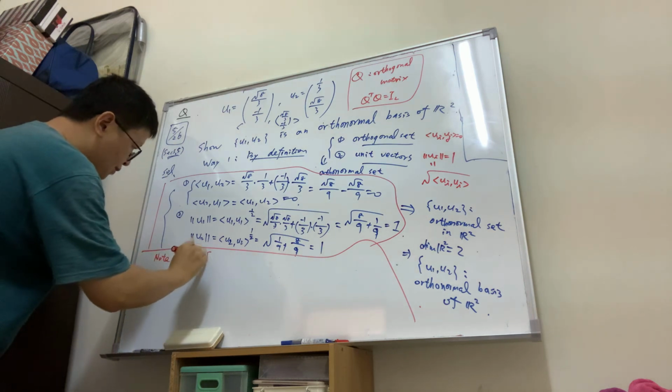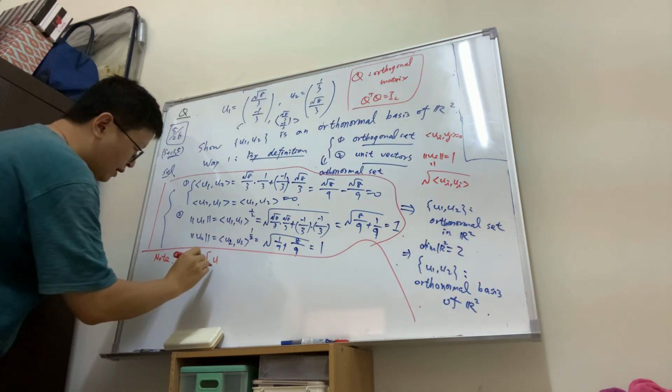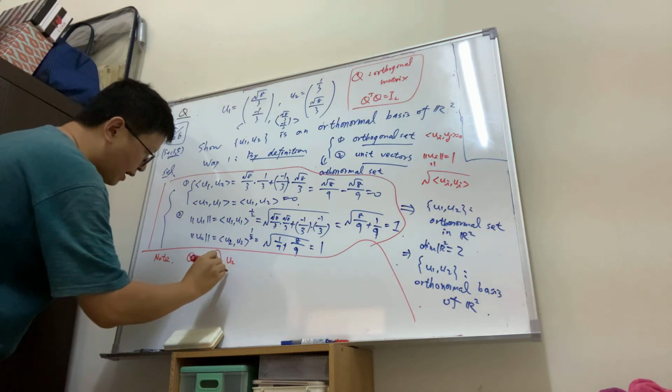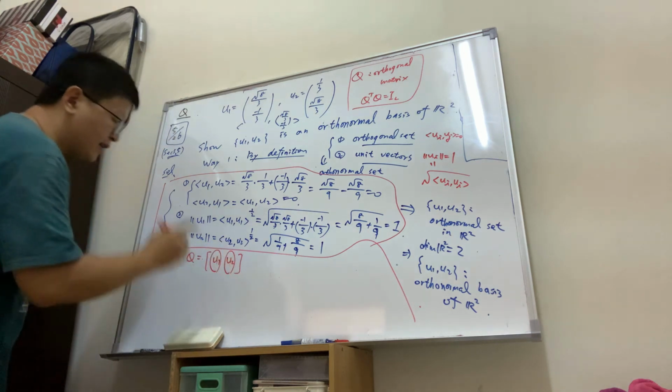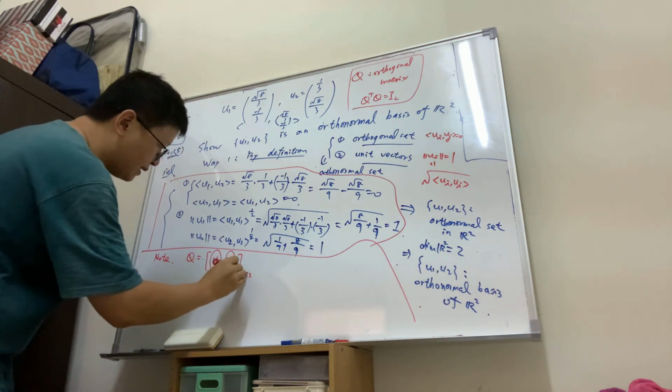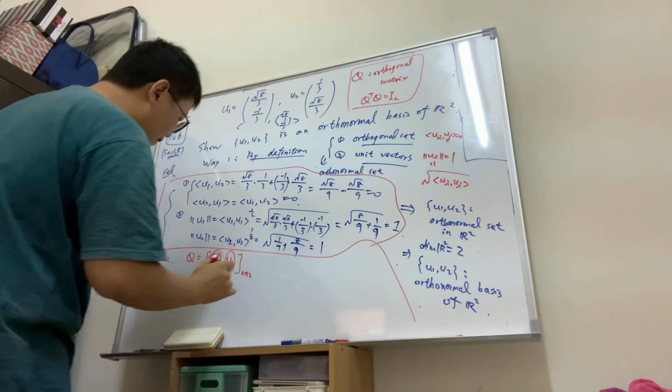We consider a Q, and for the first column we put a vector U1, for the second column we put a vector U2. Here it's 2 by 2, but n by n is similar. We have the same result.